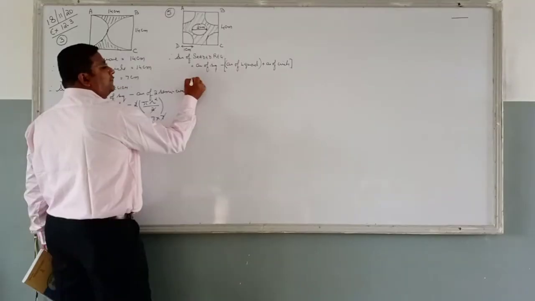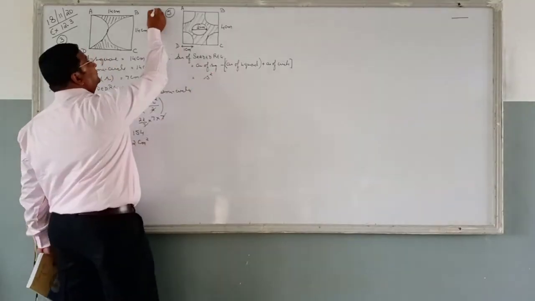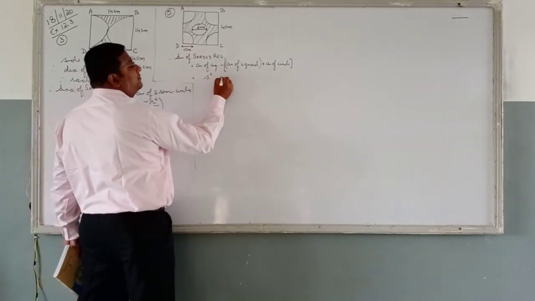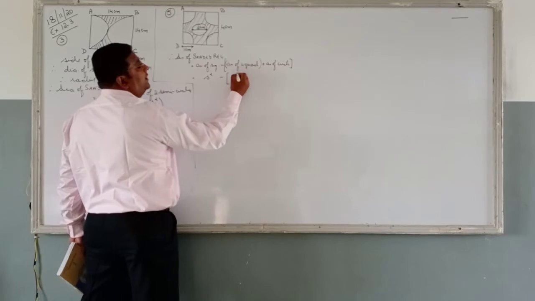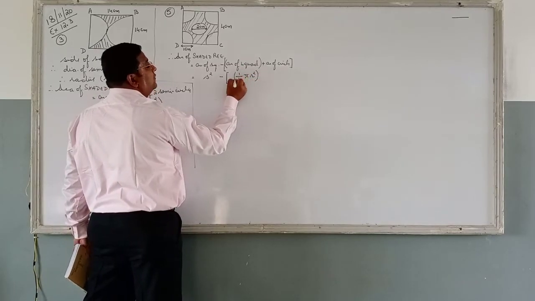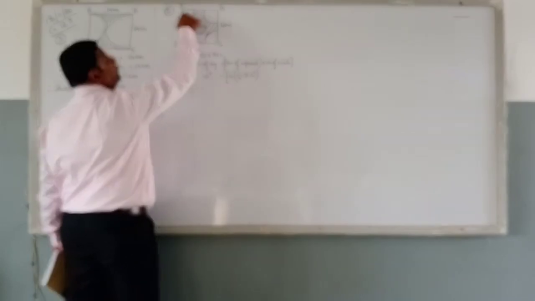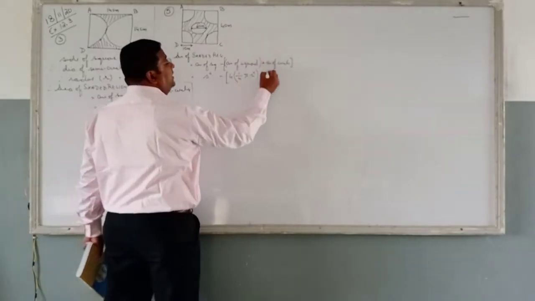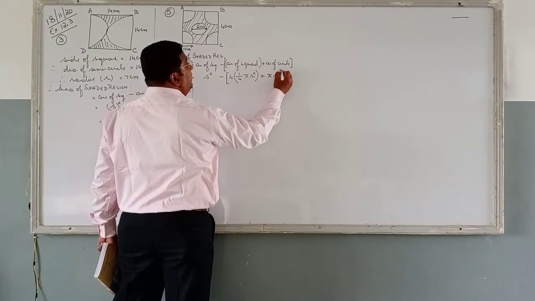So area of square formula again, side square. I'm using the board. Area of square, side square, minus area of 4 quadrants, area of 1 quadrant, 1 by 4 pi r square. And because there are 4 quadrants, we multiply it by 4. Plus area of the circle that is inside, pi r square.